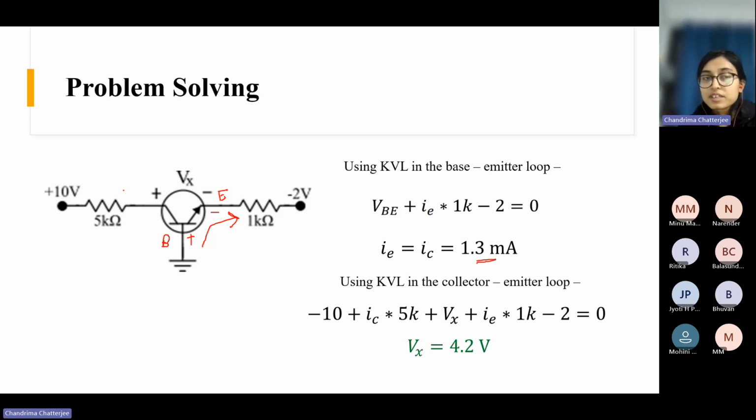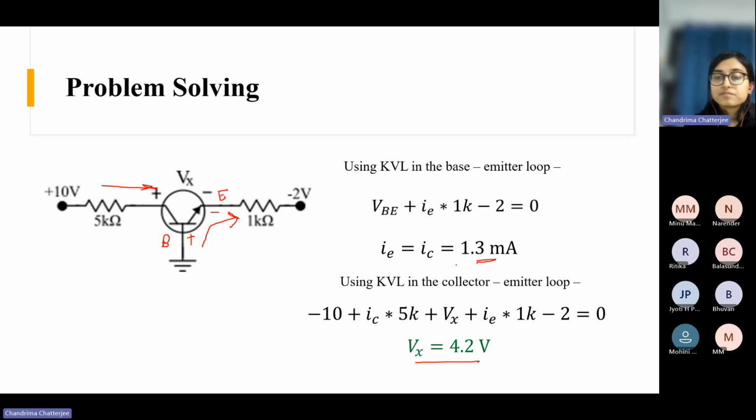And then if we apply KVL in this loop, it becomes minus 10, plus 5K into IC, plus Vx, plus 1K into IE, and minus 2. If we solve this, Vx comes out to be 4.2 volt.